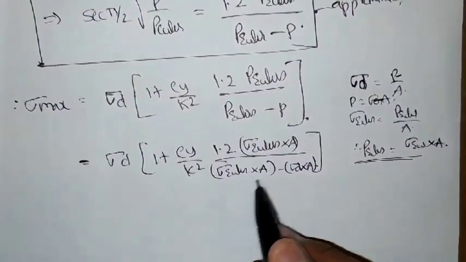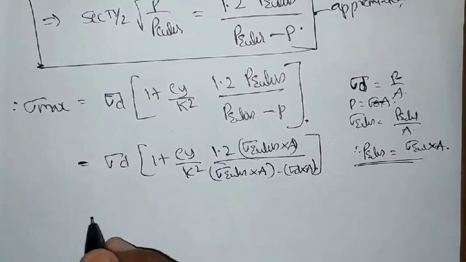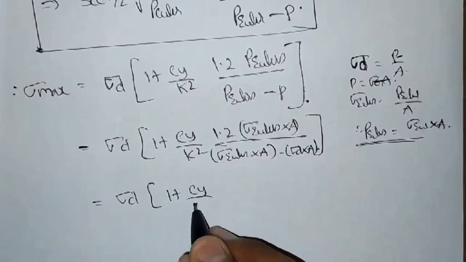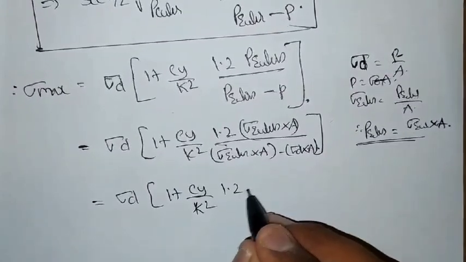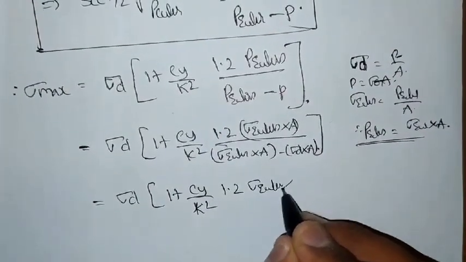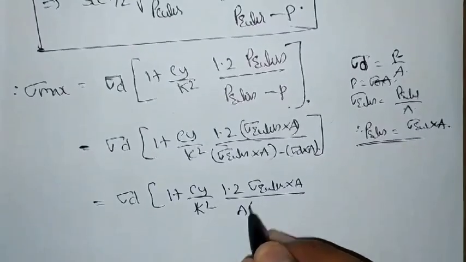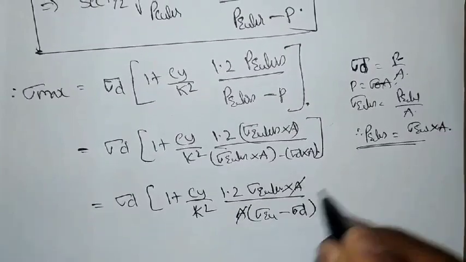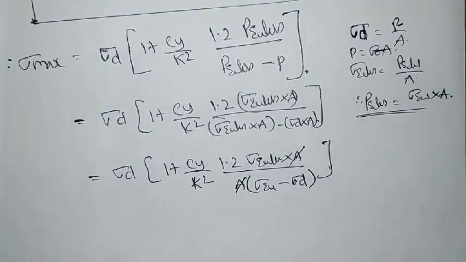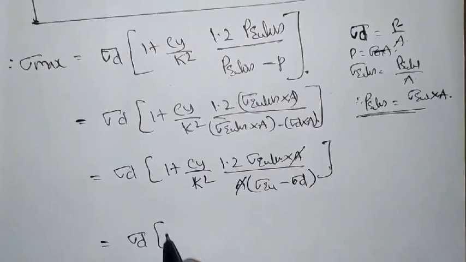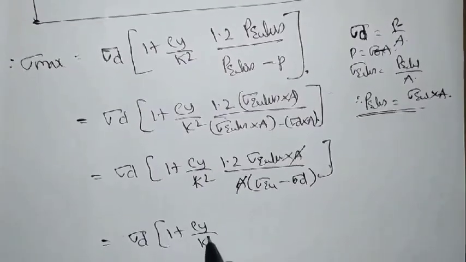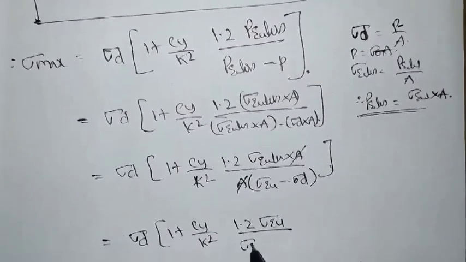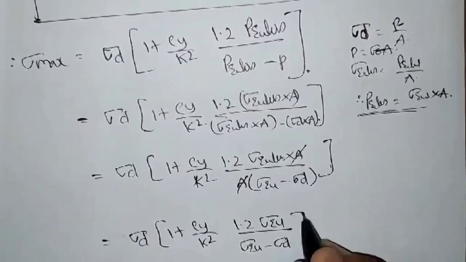Then if you see here, in both the terms A is common, so take out the common term. Then it can be written as sigma d of 1 plus Ey by K square into 1.2 sigma Euler's into A divided by A of sigma Euler's minus sigma d. Here A will get cancelled out. Then the final equation is sigma max equal to sigma d of 1 plus Ey by K square, 1.2 sigma Euler's divided by sigma Euler's minus sigma d.